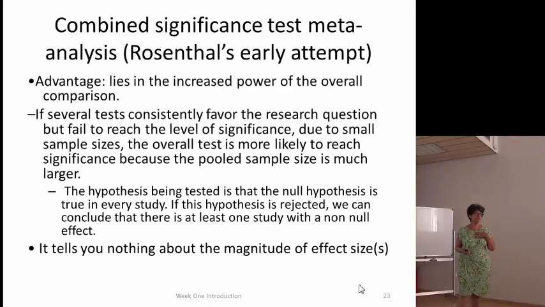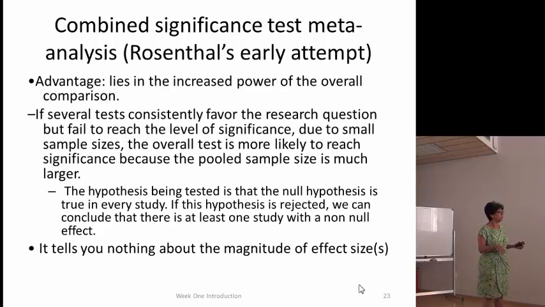Okay. So the first thing that I want to talk about is doing a combined significance test meta-analysis. Okay? And this was actually based on Bob Rosenthal's first go at meta-analysis, where he basically wanted to look at a bunch of inconclusive primary studies and say whether overall the effect was significant or overall it wasn't.